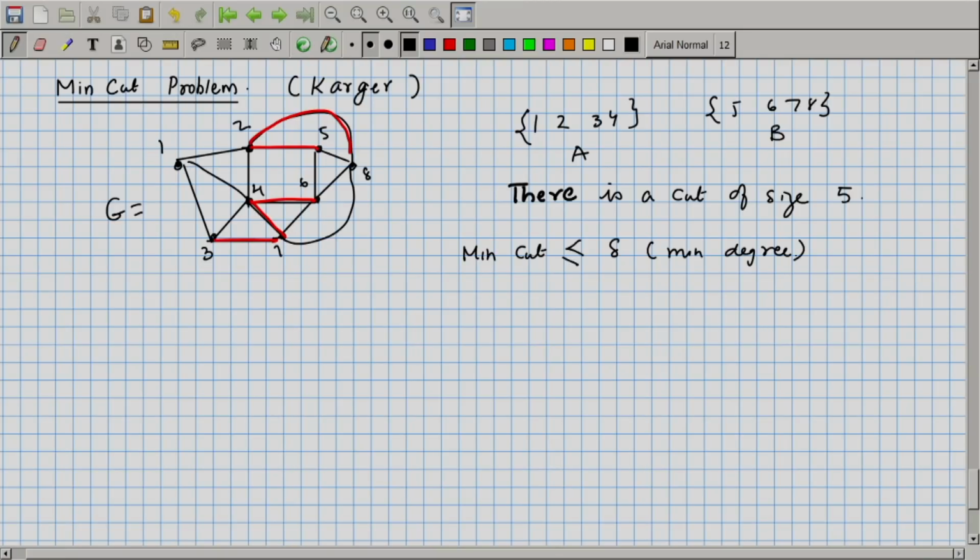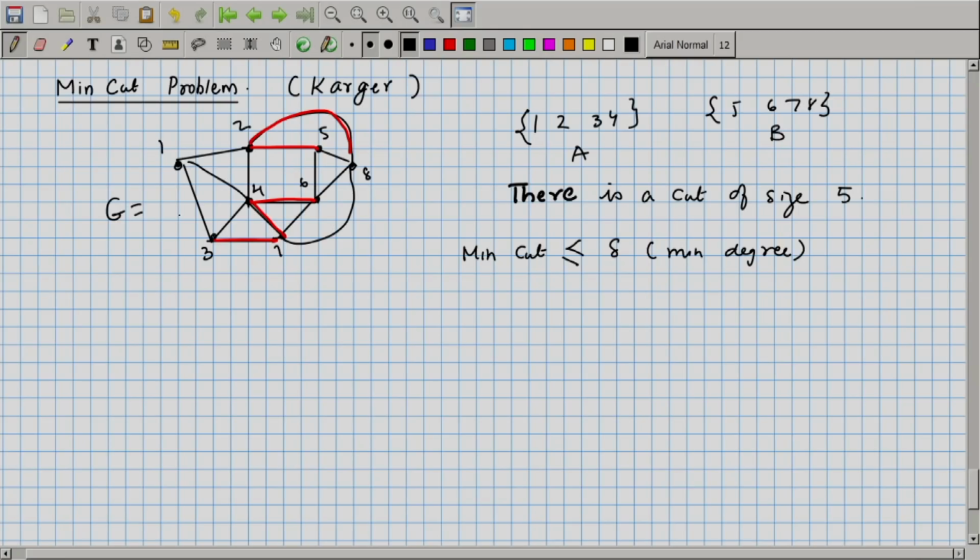Because if you remove that many edges, you can certainly disconnect that particular vertex. So, here there will exist a cut of size 3. We can remove 3 edges, namely 1 3, 1 4 and 1 2, and get a suitable cut.